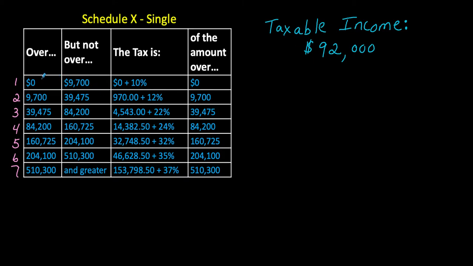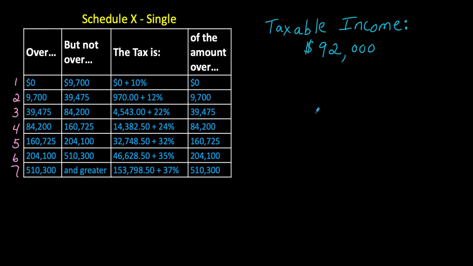I say to myself, is $92,000 over $0 but not over $9,700? No, $92,000 is larger than $9,700. I just continue that process until I figure out which row $92,000 falls in.